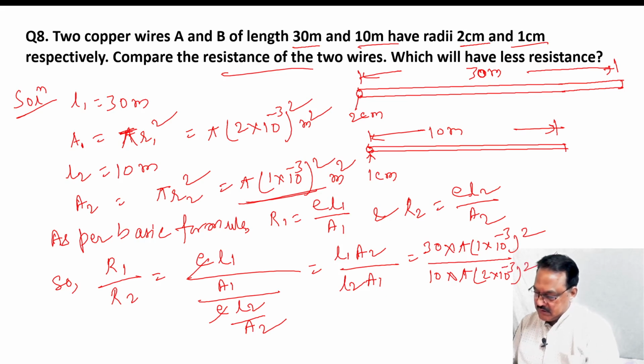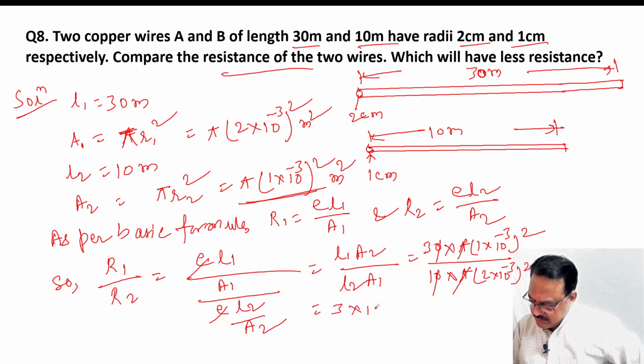Just cut it, simplify it and get the result. This pi and pi will be cancelled out. So we can write 3 into 10 to the power minus 6 by 4 into 10 to the power minus 6. It will be cancelled out, meaning 3 by 4.